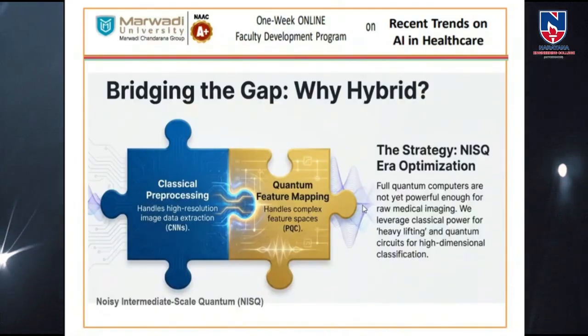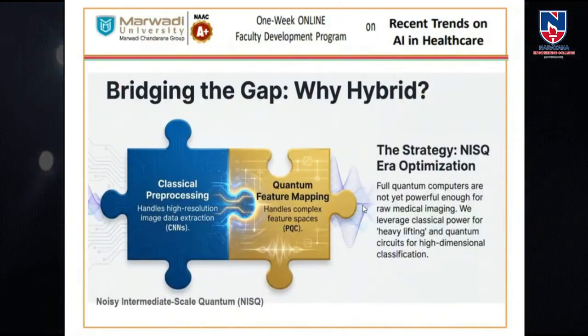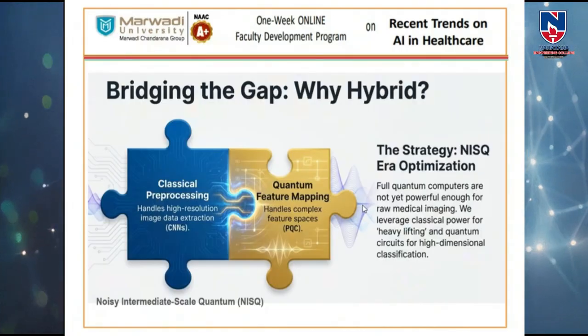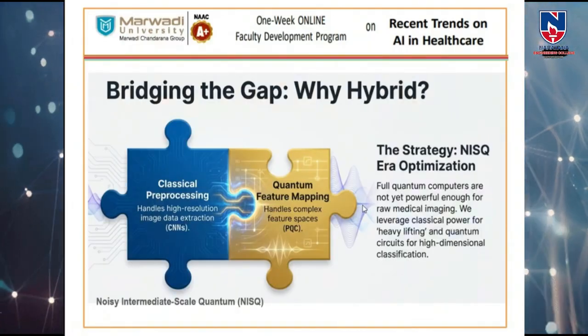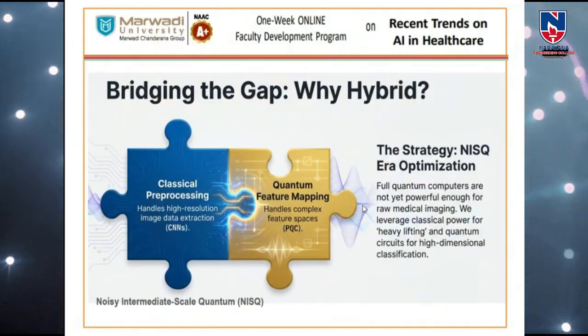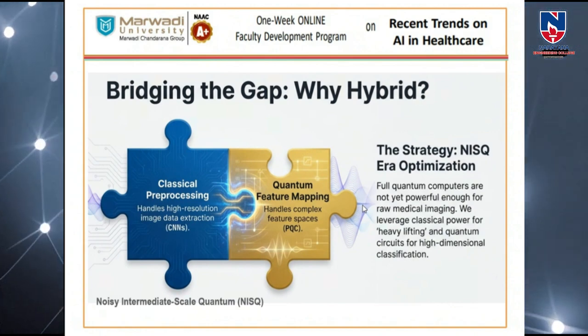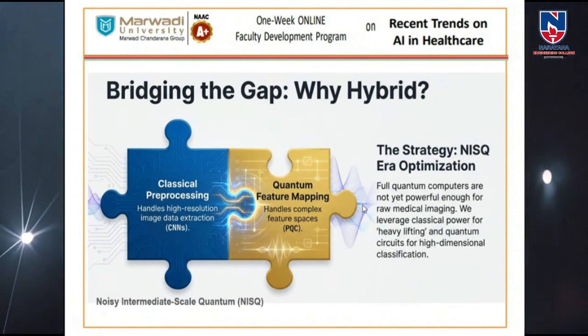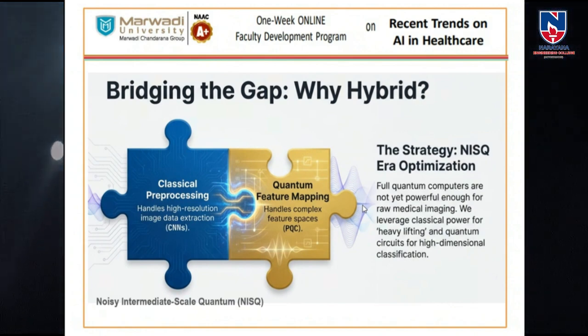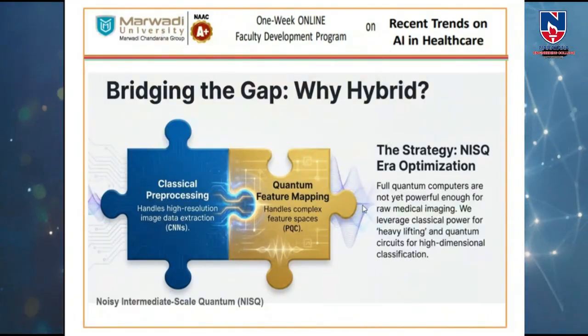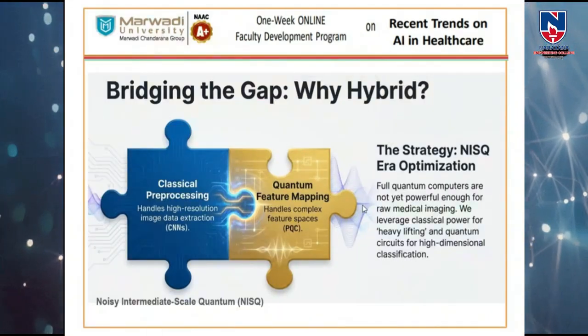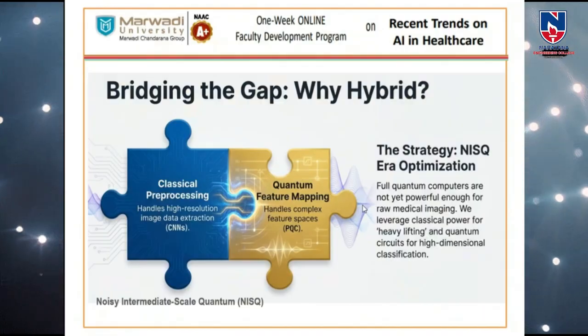That means the strength of classical processing and the strength of quantum computing are both being used. As far as classical preprocessing is concerned, it is able to process heavy computational work, extracting hierarchical features from high-resolution medical images and converting them into compact, meaningful feature vectors.